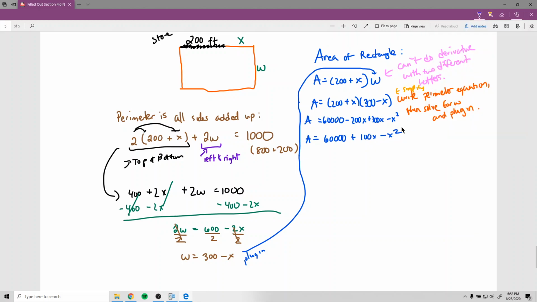All right, we've done a lot, but now we have the area formula, the one we want to simplify. The one we want to find the critical numbers of and maximize, finally simplified. So this is finally ready to do the derivative of.